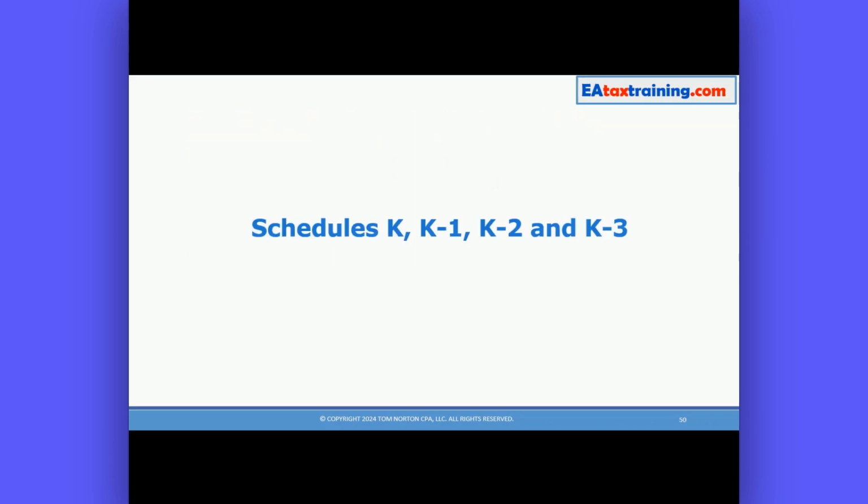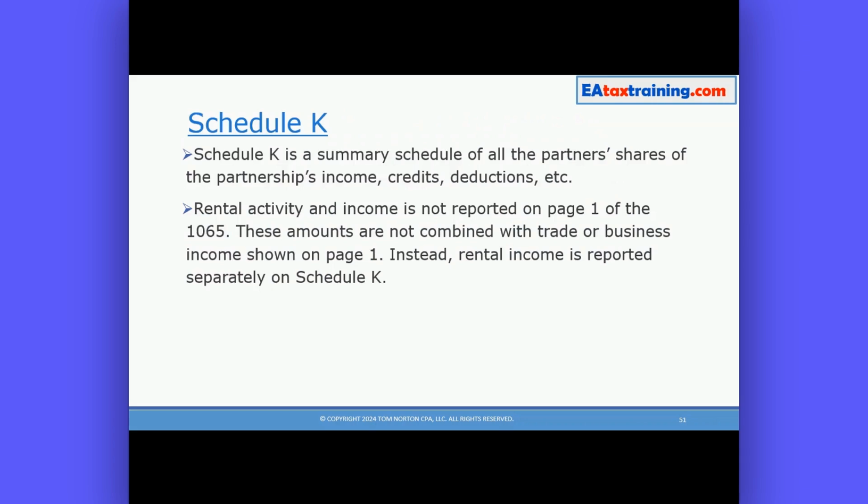Now let's talk about Schedule K. So Schedule K and K1, and then Schedule K2 and K3. Schedule K. This is a summary schedule of all the partners' share of the partnership's income, credits, deductions, etc. Rental activity and income is not reported on page 1. So when we were looking at page 1 of the 1065, it had normal operating income and expenses.